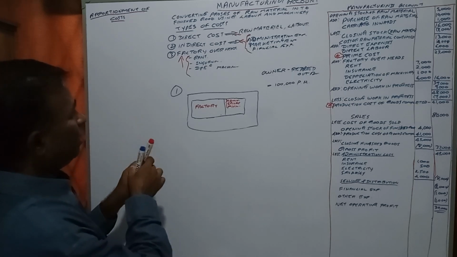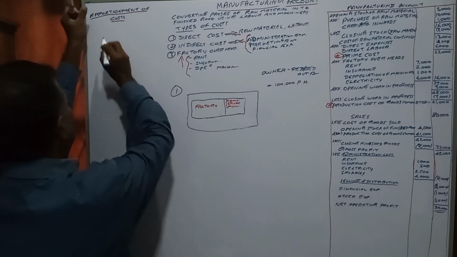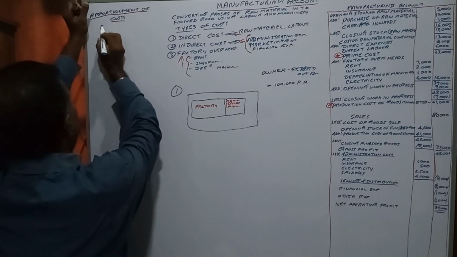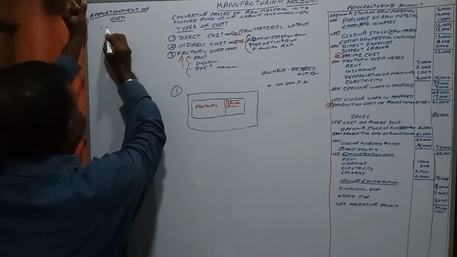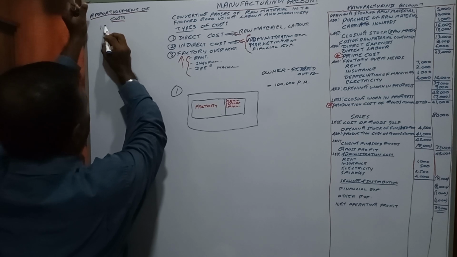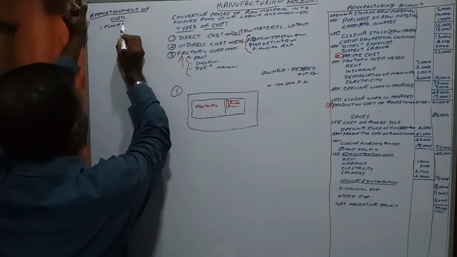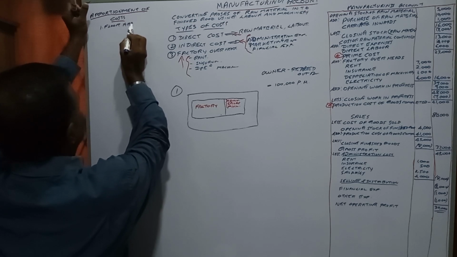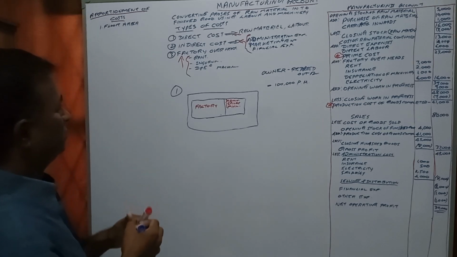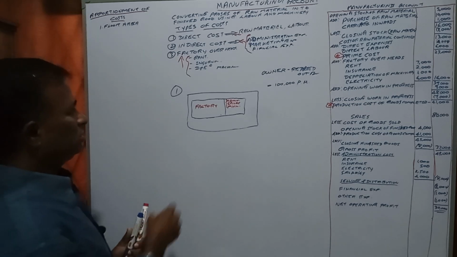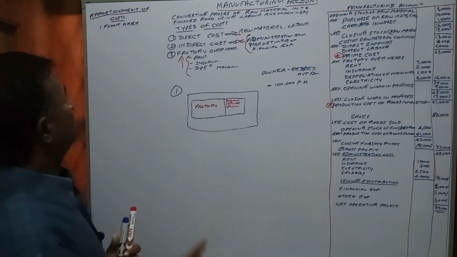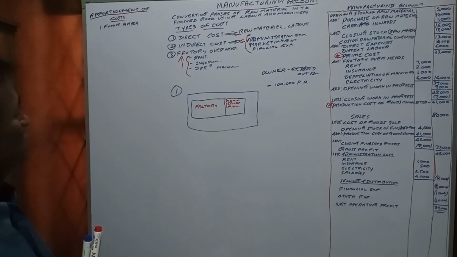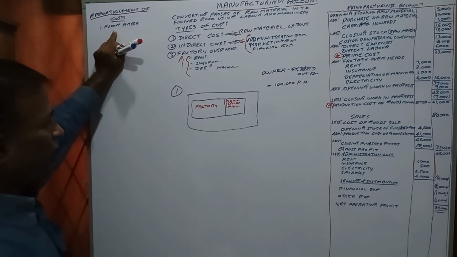So you can apportion the cost on the basis of floor area.